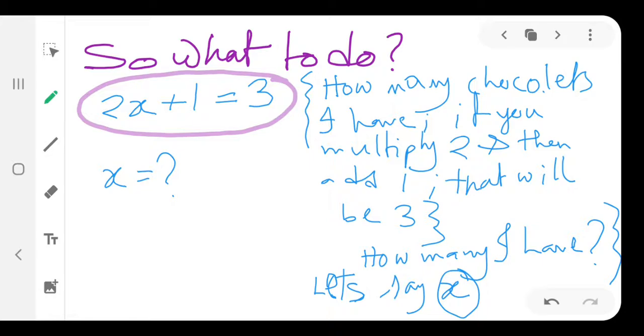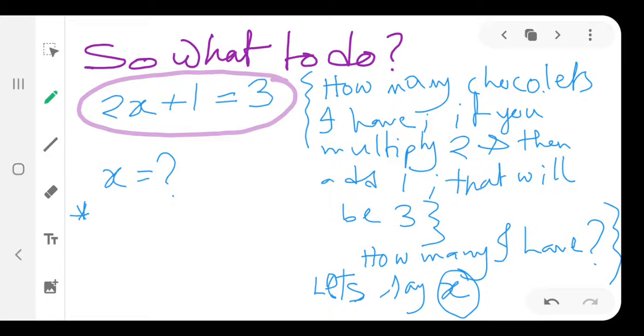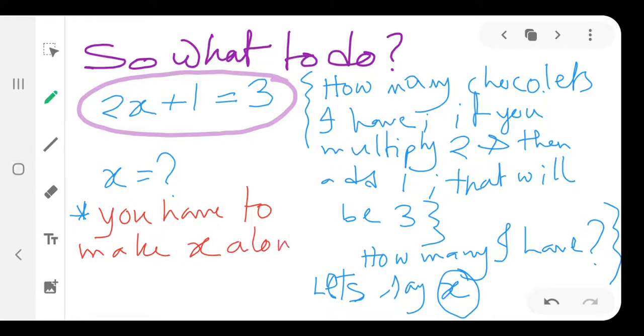And there is a spell, some magic spell. So the spell is that you have to make x alone. I'm writing with a different color so that you can remember it. If you don't make x alone, you cannot find out the value of x.